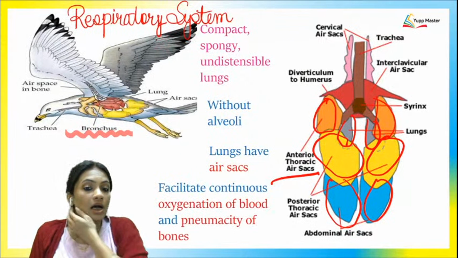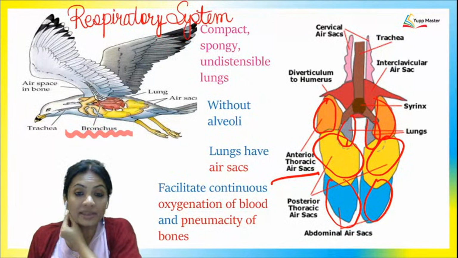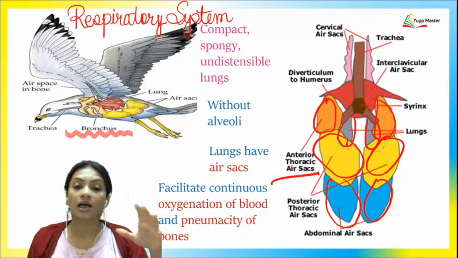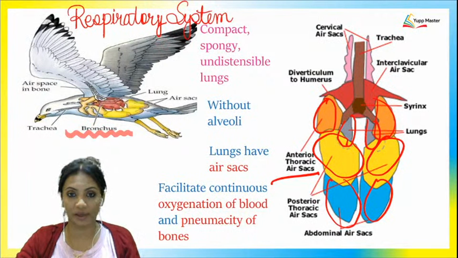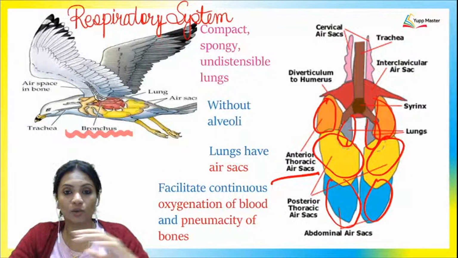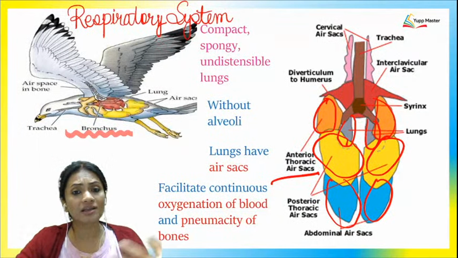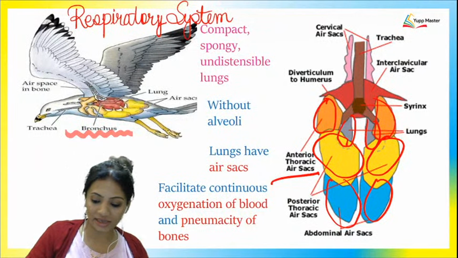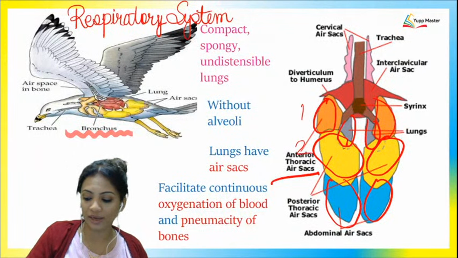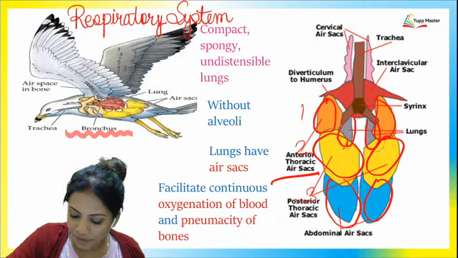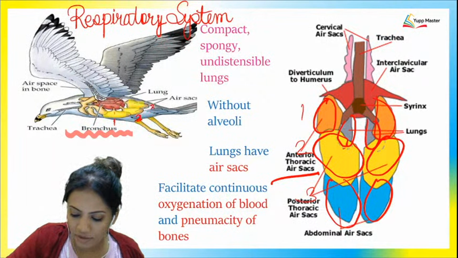Now, what function do these air sacs have? The air sacs are meant to facilitate continuous oxygenation of blood. Because these lungs don't have alveoli, something has to replace them. Can you see in this diagram the very same three pairs of air sacs? Here is the first one, here is the second pair, and here is the third one.